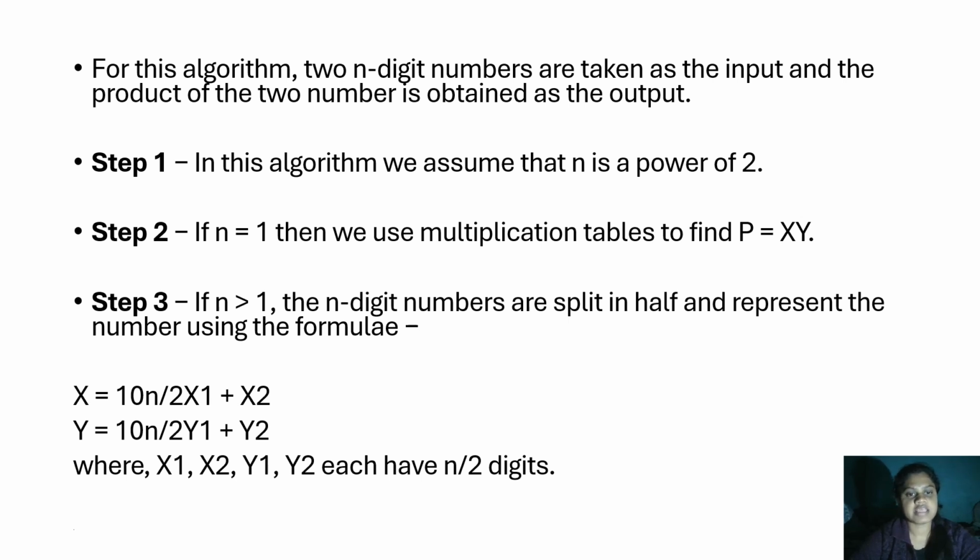Step 3, if n is greater than 1, the input numbers are split into halves and represented using the formula x equals 10^(n/2) x1 plus x2. So this is the formula for solving the parts of the problem instance.